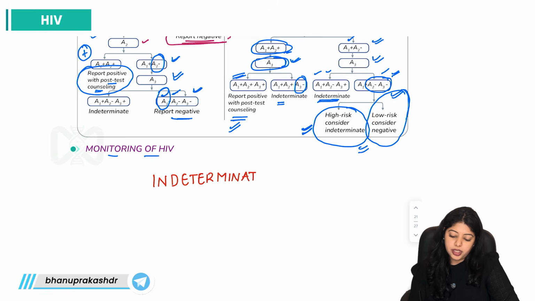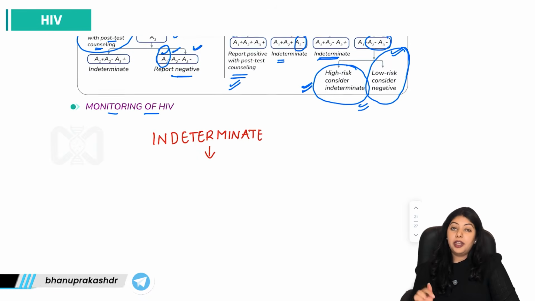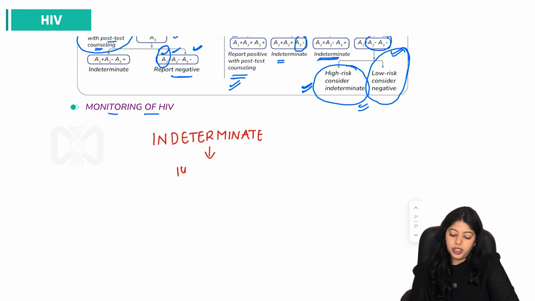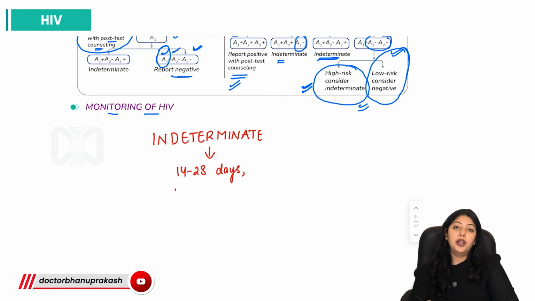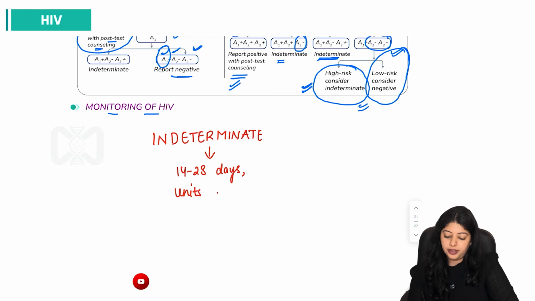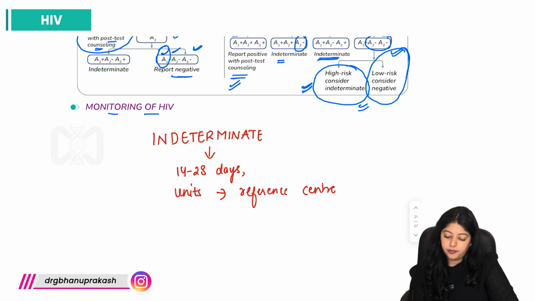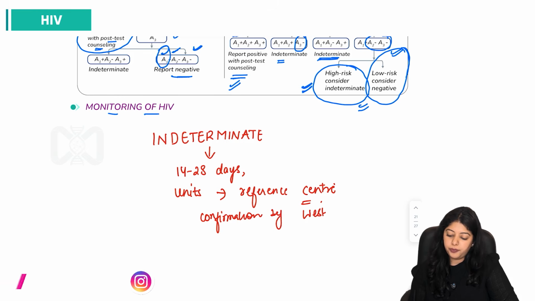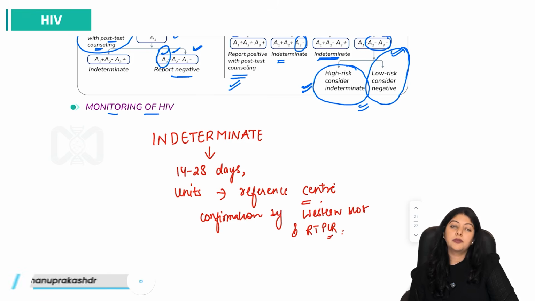In indeterminate results, firstly, the test has to be repeated after 14 to 28 days, and then the samples have to be sent to the centers or the national units or reference centers for confirmation by Western blot and PCR, right?